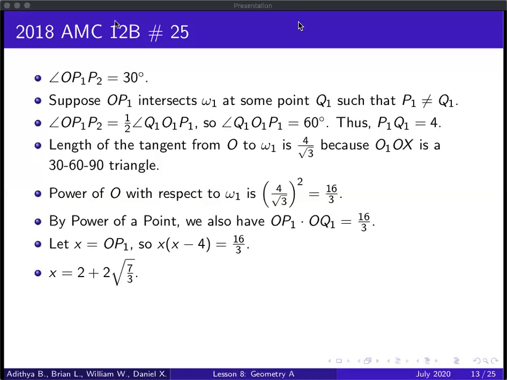So does anyone know how to finish from here? We know what OP1 is, and we just want to find the area of the triangle.